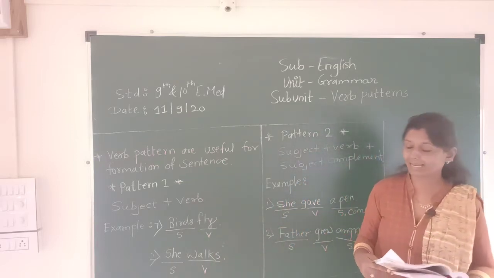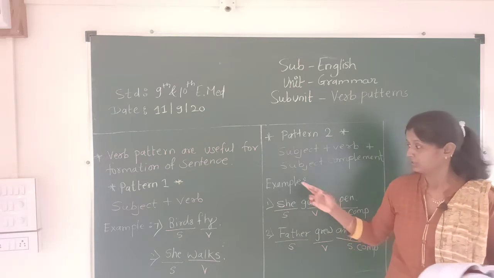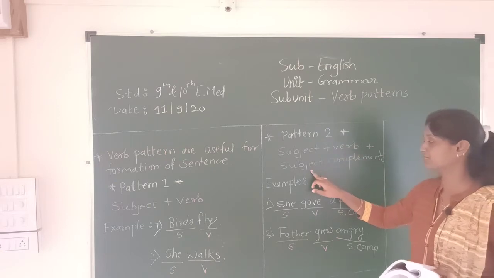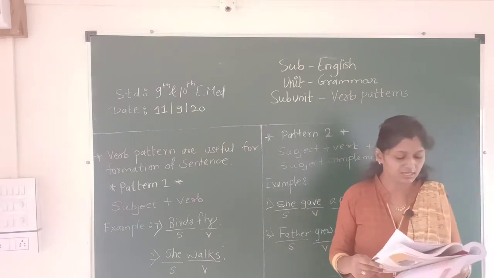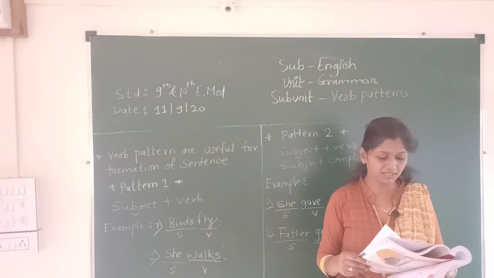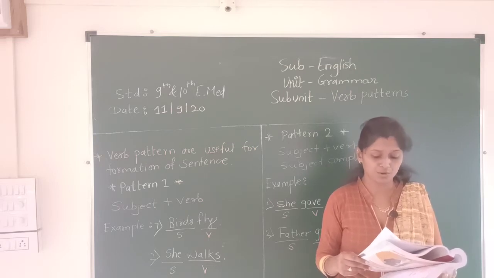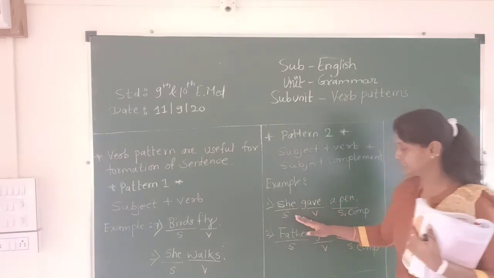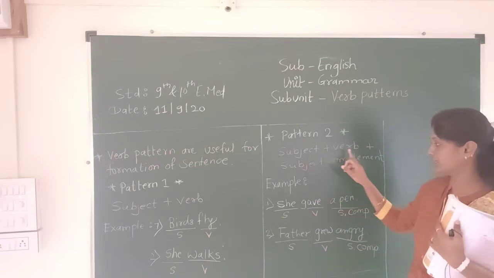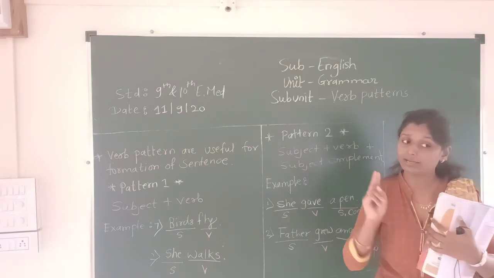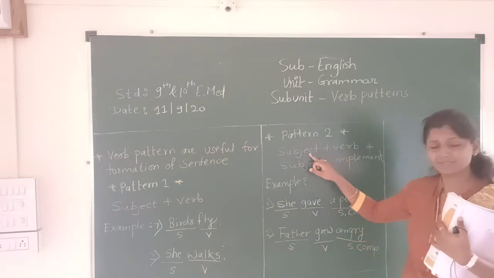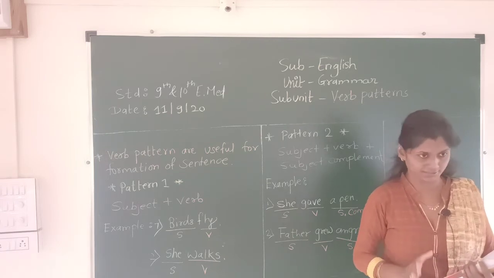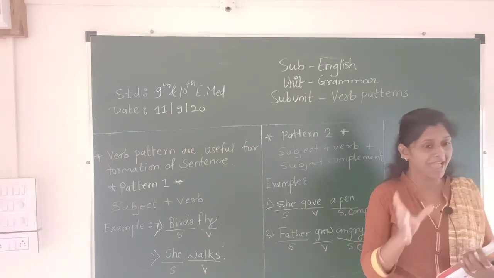Now let's see the second pattern, that is subject plus verb plus subject complement. The complement usually consists of a noun, a pronoun or an adjective. Now in this second pattern, the subject, we know, is the noun or pronoun in the sentence, and the verb is an action word.